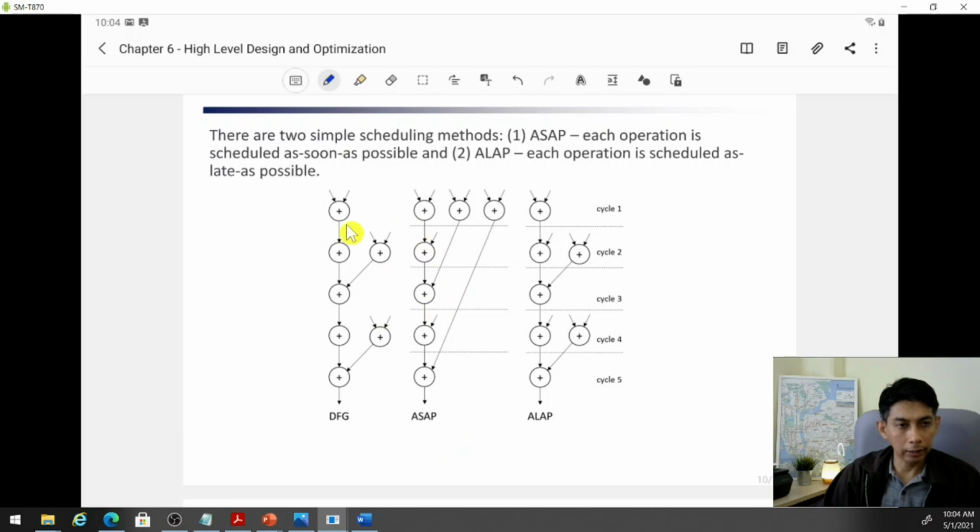We can see that the DFG here, we can change this to this, where we assign the cycle to the process in the DFG.